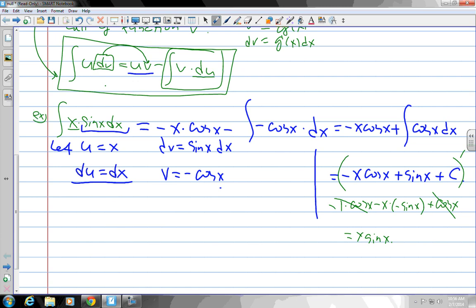But again, this is what I'm trying to get at here. First of all, dv should be easy to integrate. If your dv is a function that's hard to integrate, then that's a poor choice. At the same time, u should be a function that becomes simpler when you differentiate it, right? Because if you pick your u, you need to pick du, which is the derivative. You don't want that to get bigger.